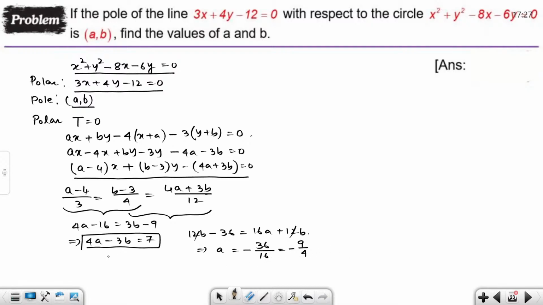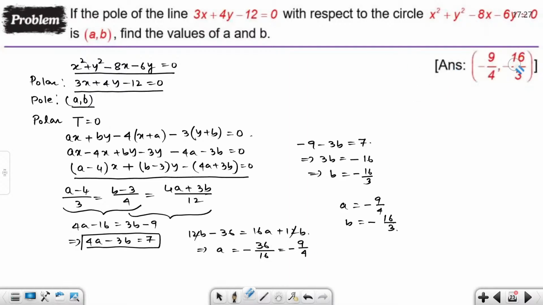So if I put the value of a in the first equation, we are getting 3b is minus 16, which gives us b is minus 16 over 3, right? Therefore, your a is minus 9 over 4 and b is minus 16 over 3. Is it clear to all of you? Have you understood? So that's the value of a and b, right?